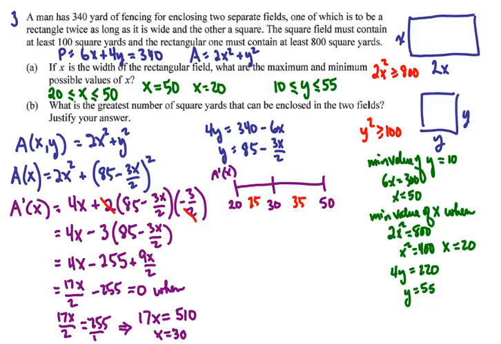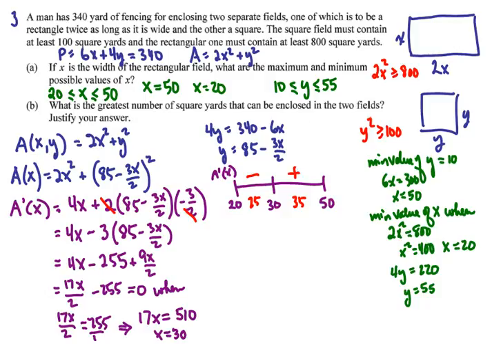When you plug in 25, you get 17 times 25, which is 425 over 2, which is less than 255, so you're going to end up with a negative value there. And when you plug in x equal to 35, I believe it's 595 over 2, which is more than 255, and so that's going to be positive.